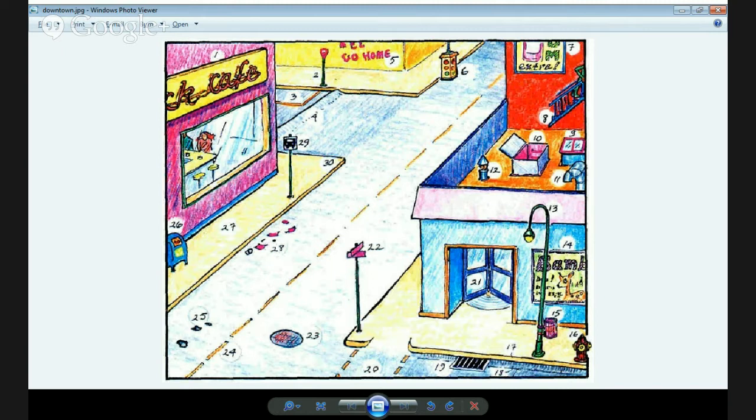Those are the simplest ones. How would you describe where the neon sign is? The neon sign is above the window. It's above the window of the what? Of the cafe. Good. It's above the window of the cafe.